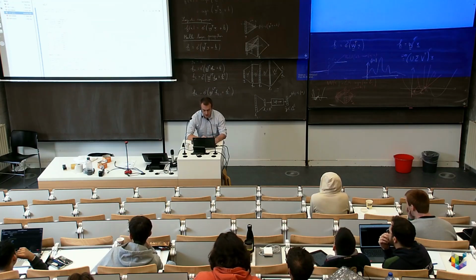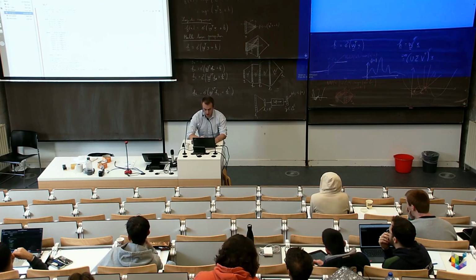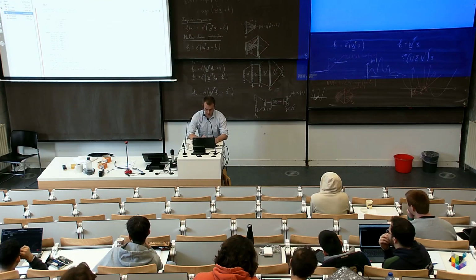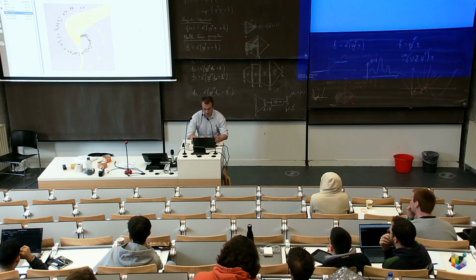Okay, let's see what kind of results we have now if we consider 1, 2, 3, 4, and 5 layer MLP with sigmoid activation functions. And I will set this back to 10. Okay, that seems a bit more difficult.